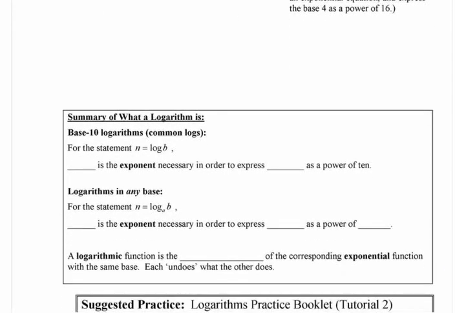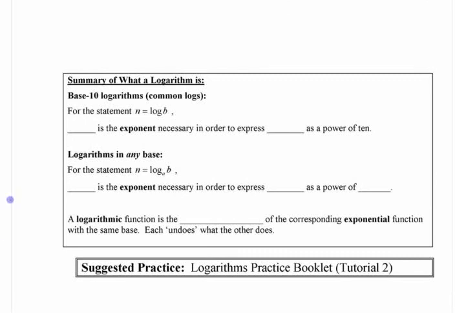They're base 10 logarithms. And in any base, for this statement, n is log of b. n is the exponent necessary in order to express b as a power of 10. Like 10 to the n equals b.